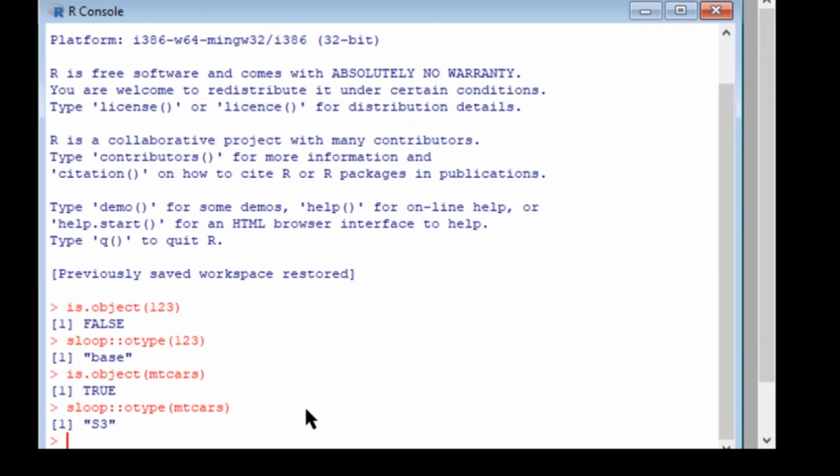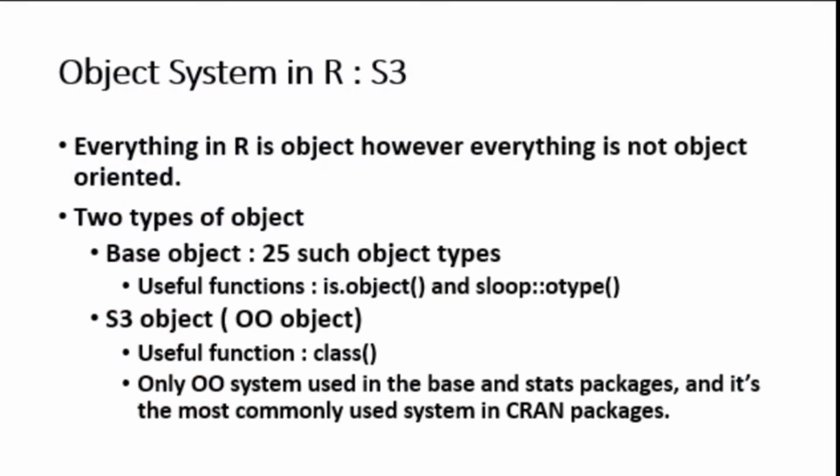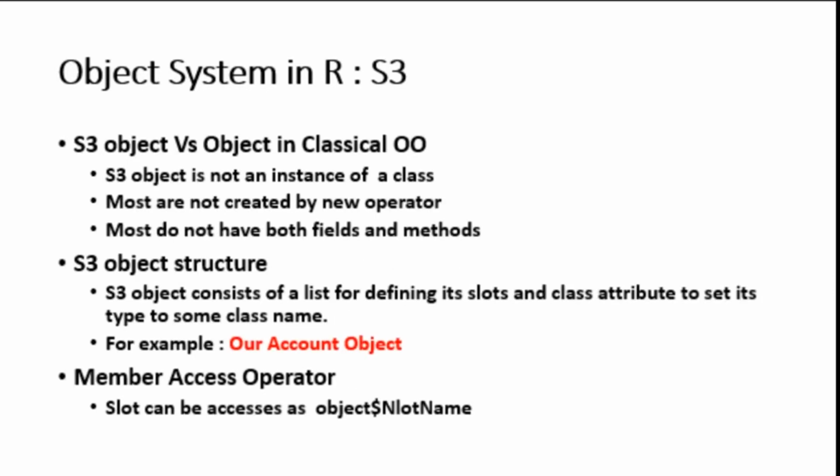So the previous two commands can be used to check whether a given entity in R is an S3 object or not. There are certain differences between an S3 object and an object in a classical object-oriented programming language like Java and C++.